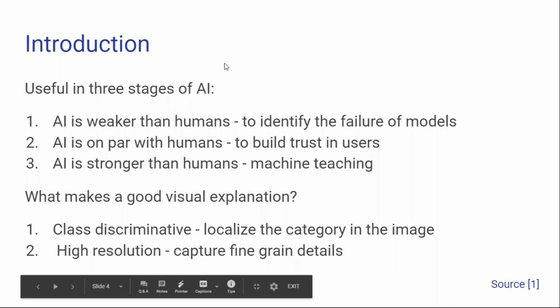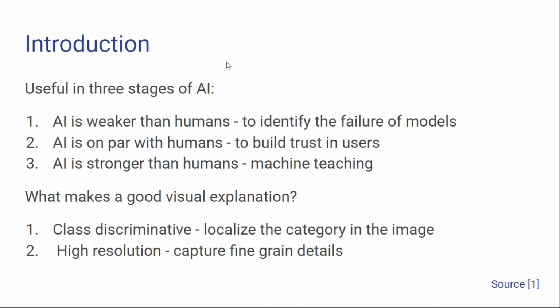Okay, why do we need such interpretable explanations for the benefit of AI evolution? The usefulness of such interpretability can be classified into three stages of AI. Let's say you have a stage where AI is much weaker than humans, for example tasks such as visual question answering, where humans easily outperform any machine learning or deep learning models.